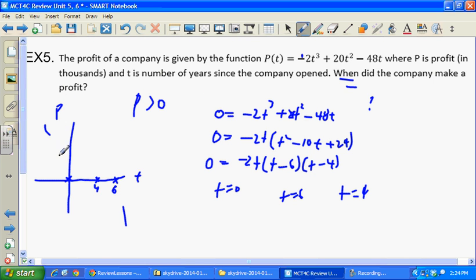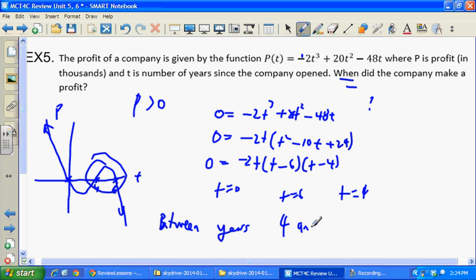All of these are roots, and so it's going to look something like this. We weren't asked to sketch a graph, but geez, that makes it really easy to see that between years 4 and 6 the company has a profit.